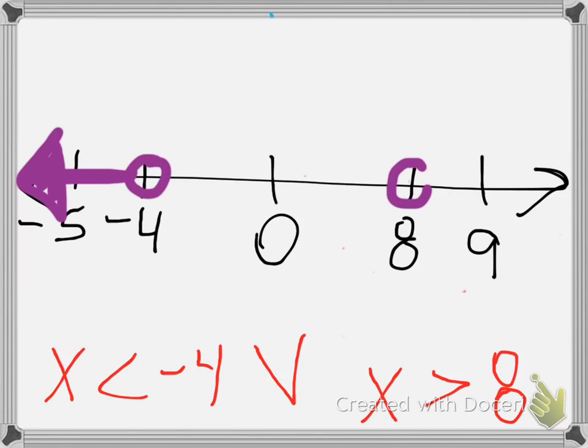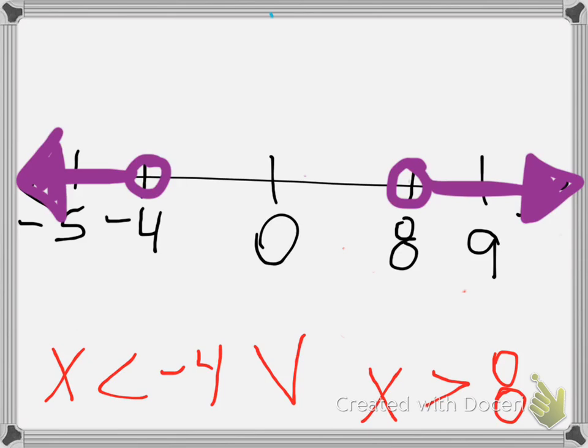So I'm going to get an open circle at 8, because remember, we're not including 8. And where are all the numbers that are bigger than that? To the right of 8. So I'm going to shade all the numbers on my number line and even that arrow, because we got to let everybody know that we're still going on in that direction. So even the numbers that are bigger than 9, 10, 11, 12, those numbers still are a solution to this.